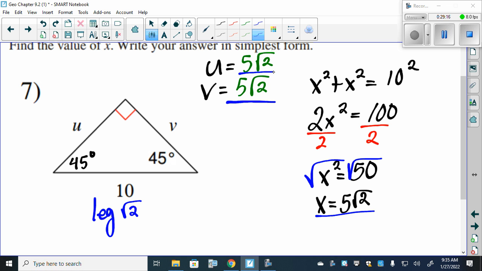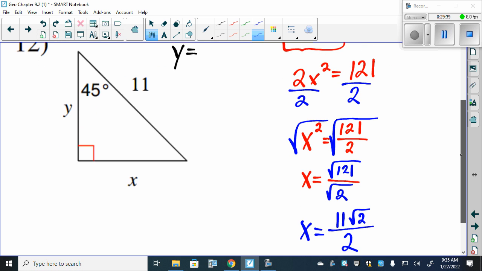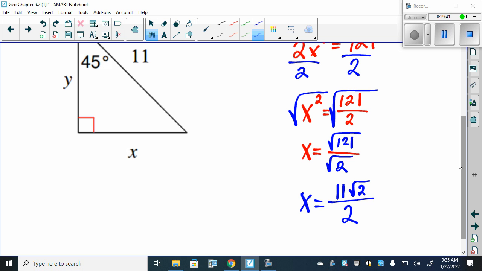So how'd you get there going from 10? Right, 5 times 2 gave you 10. We took half of it, and then we can multiply it by the square root of 2. 11 square root of 2, but just like dividing it by 10. But you can't do that since it's not even.